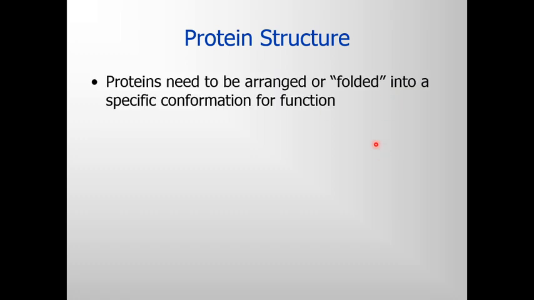Let us look at some of the key points that dictate protein structure. Proteins need to be arranged or folded into a specific conformation for function. What do I mean when I say folded into a specific conformation? The possible conformations of a protein or a protein segment include any structural state it can achieve without breaking covalent bonds.